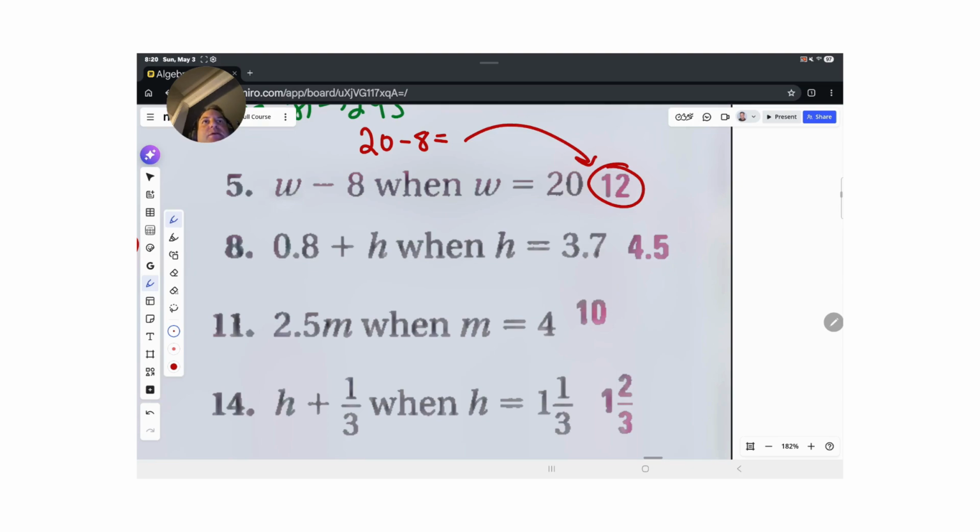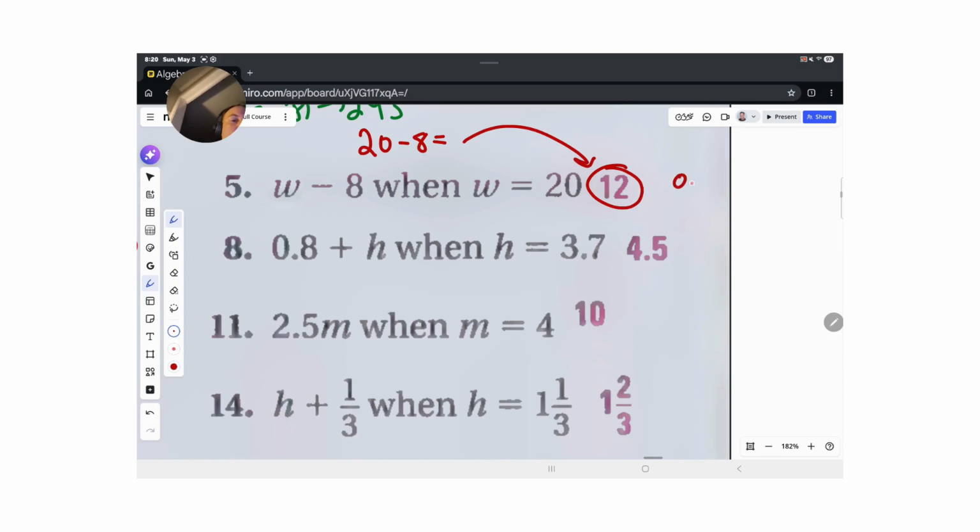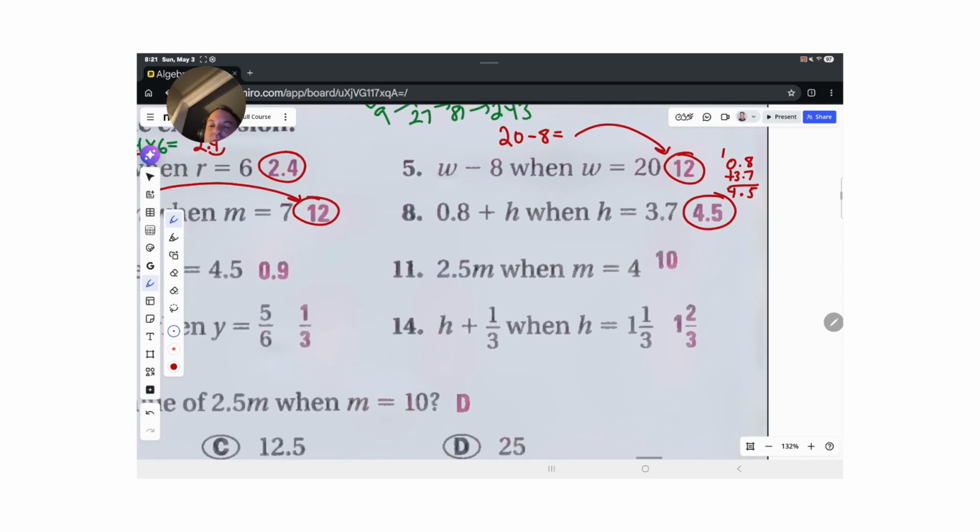So let's add those decimals carefully as we substitute 0.8 plus 3.7. 8 plus 7 is 15. Write down our 5, bring up our 1. As we are carrying over, bring down our decimal place, and then bring that 1 down. 1 plus 3 is 4. 4.5.